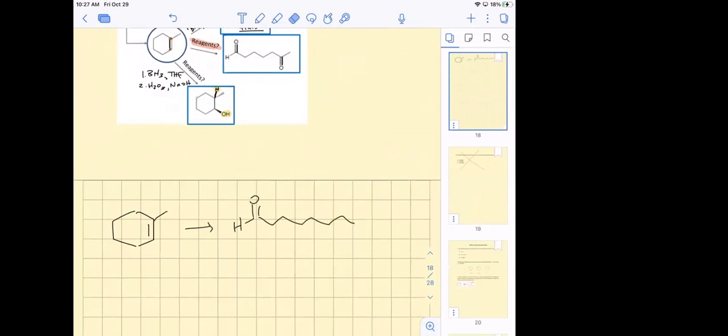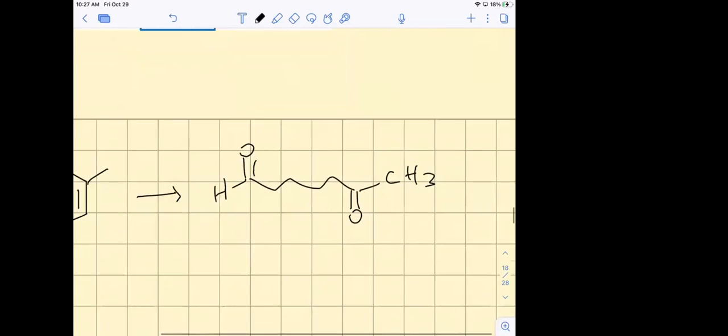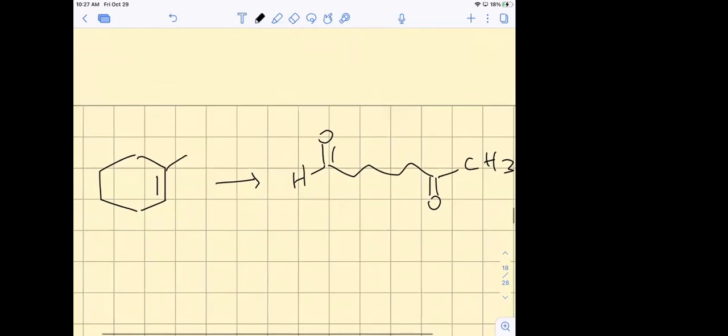Got too many carbons in there. All right, so this is an example of conversion of an alkene into a carbonyl.